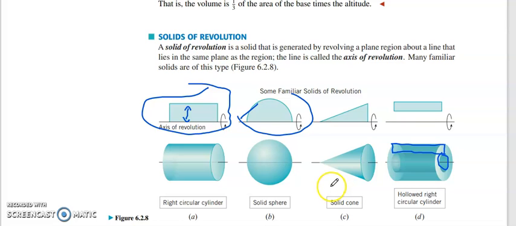We will look at how to find the volume of a solid of revolution. Basically we will be given a curve, a plane region and an axis, and we will find the volume of the solid obtained by revolving it. We will look at different methods of finding the volume of a solid of revolution: there are the method of disks, the method of washers, and the method of cylindrical shells. We will see all these methods.